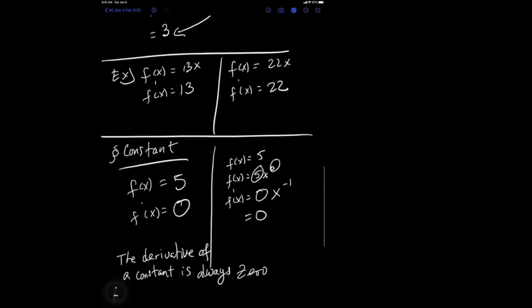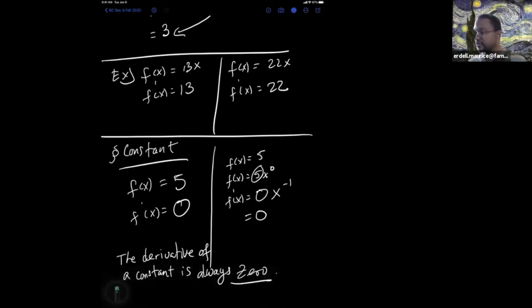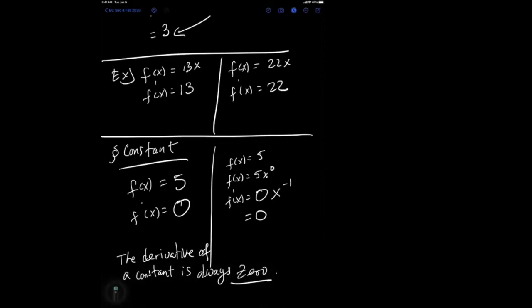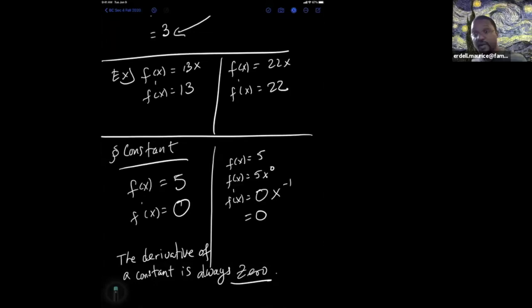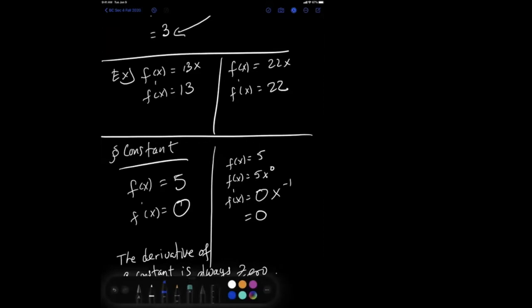Excuse me. In the second f of x, where it says f of x equals 5x, what's that thing next to it? Is that a 0? Yeah, that's a 0. I just circled the 0. It's x to the 0 power. Oh, all right. So x to the 0 power is just always going to be negative 1. No, x to the 0 power is 1. But when I take the derivative, I have to do two things. I have to first multiply this times this.